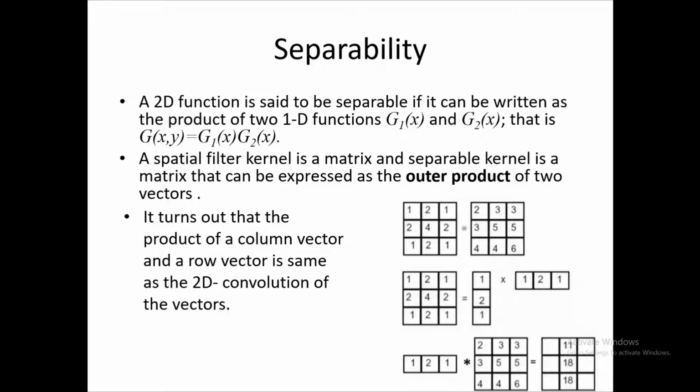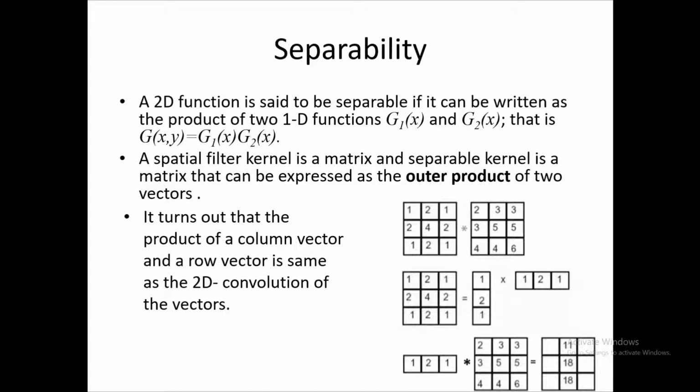A spatial kernel or spatial filter is a matrix. We can see here the example of the first matrix with 1 2 1, 2 4 2, and 1 2 1. This is a filter kernel.